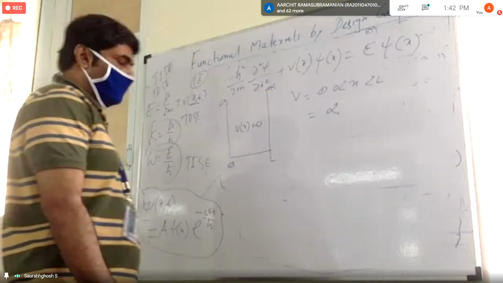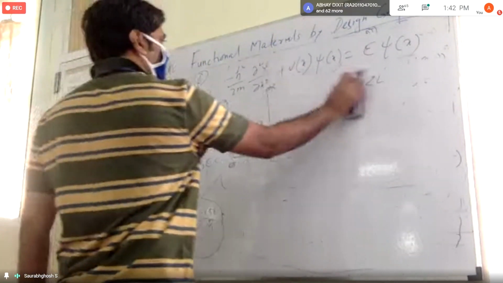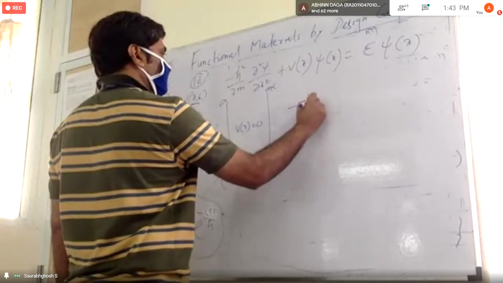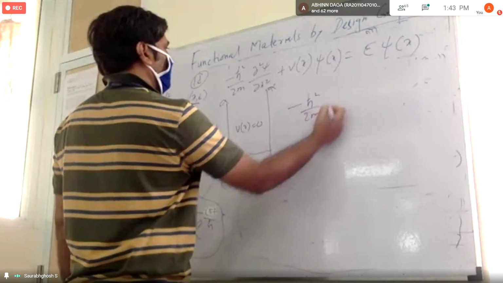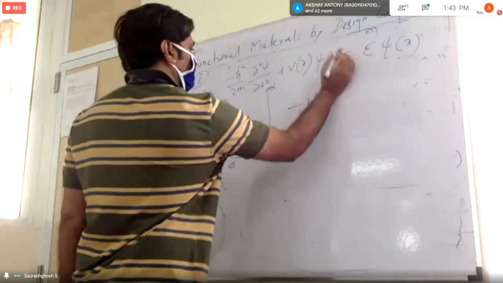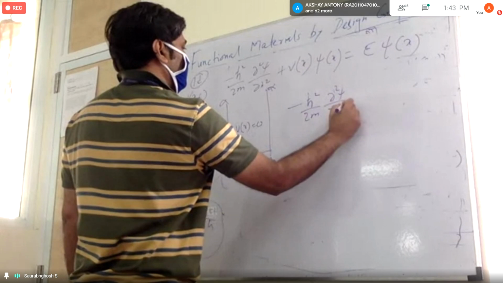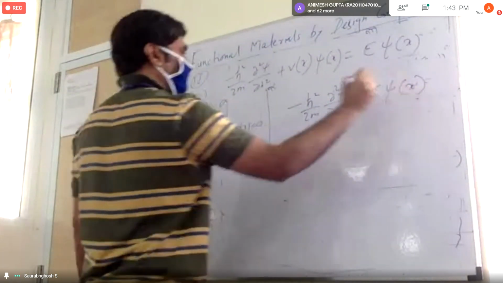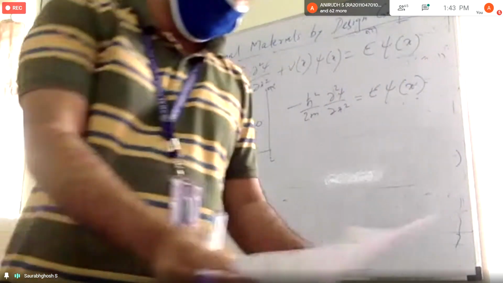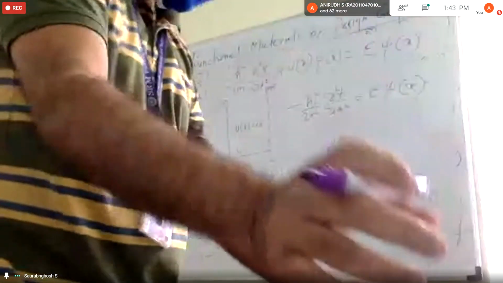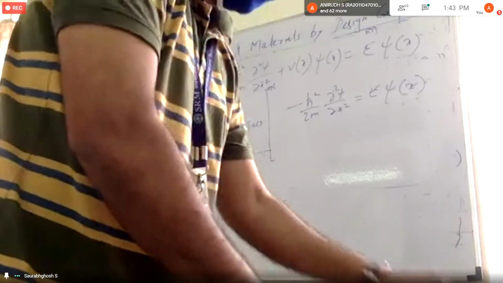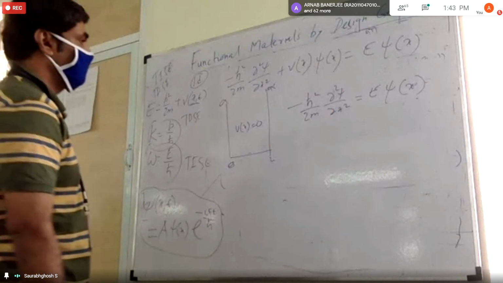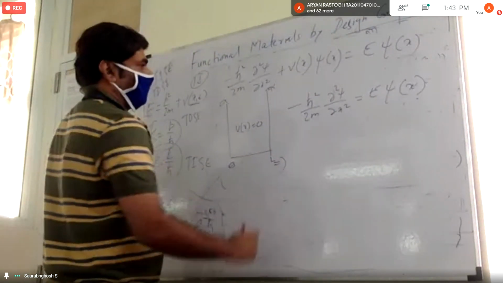If you do that, then your potential V of x term will be 0. So what remains is minus h squared by 2m del square psi by del x square is equal to E psi. This is only what remains.